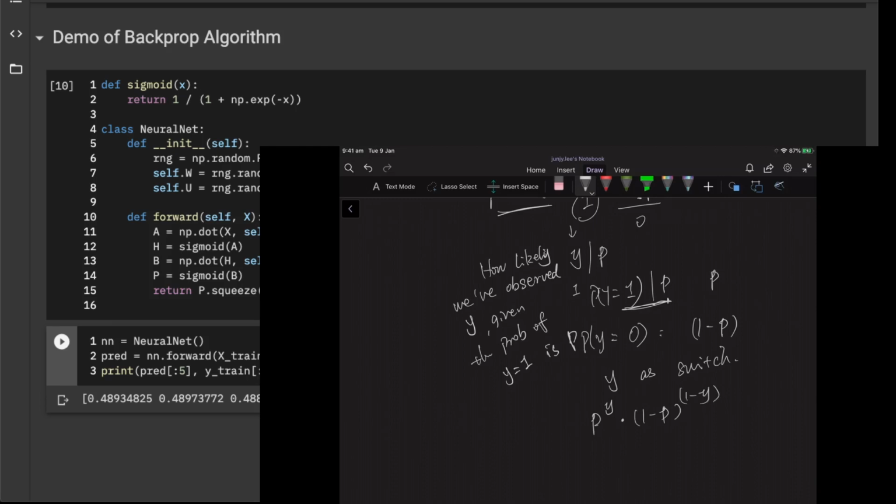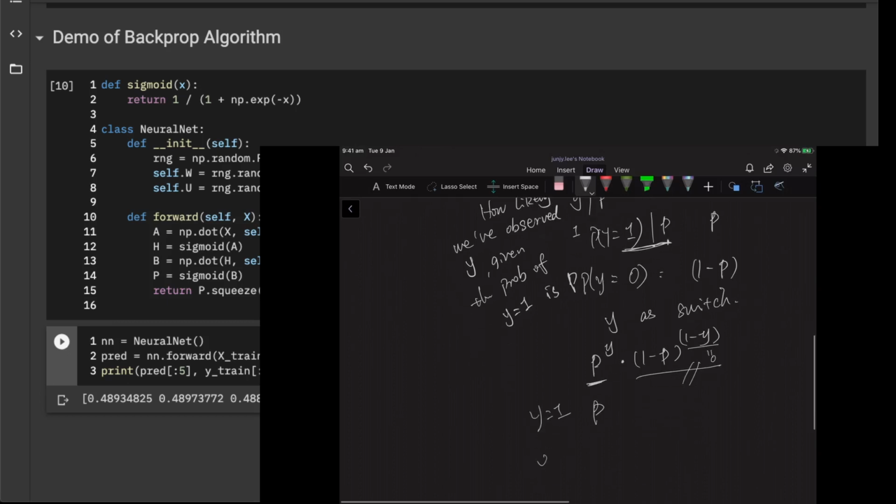This equation summarizes all the discussion above. When y is 1, the second part becomes 1 and is switched off, and this equation gives us p. When y is 0, the first part is switched off, and this equation gives us 1 minus p.